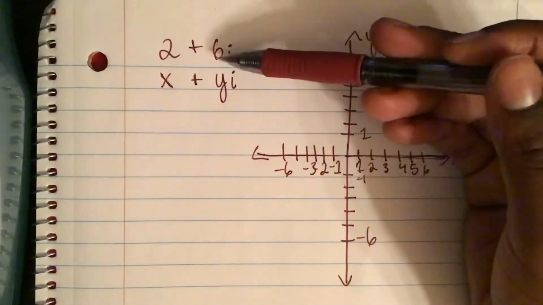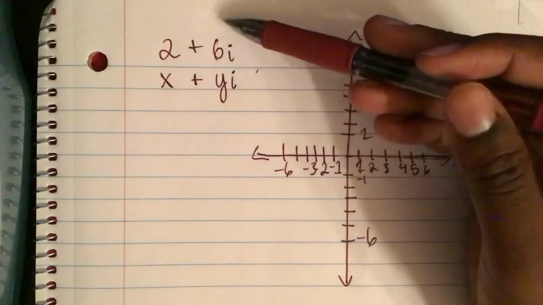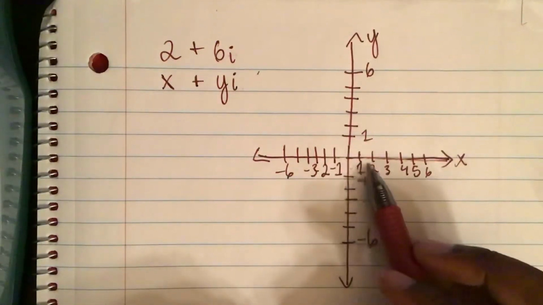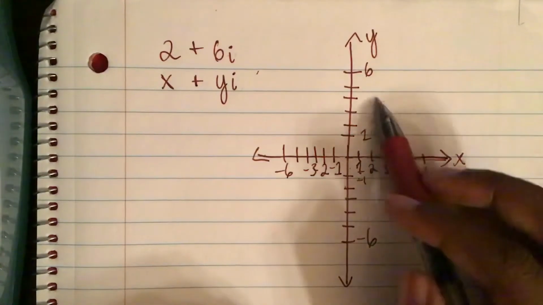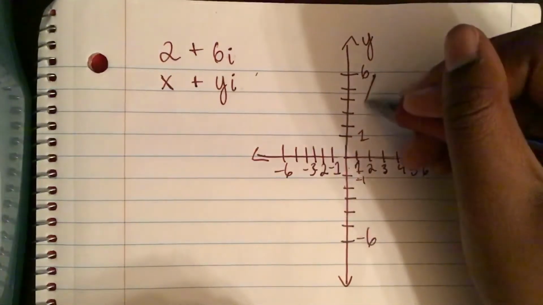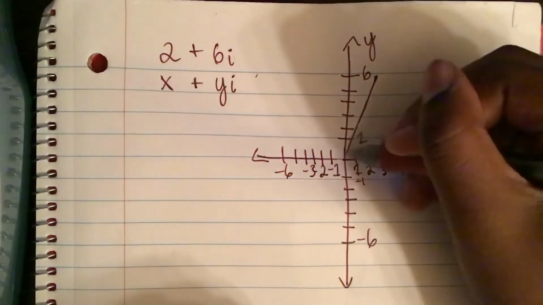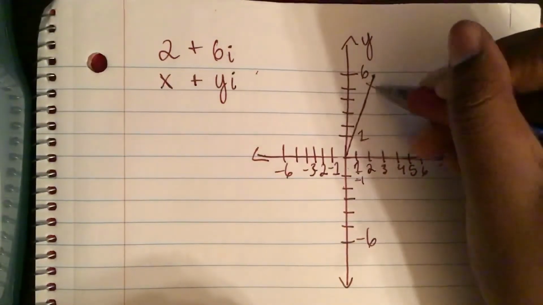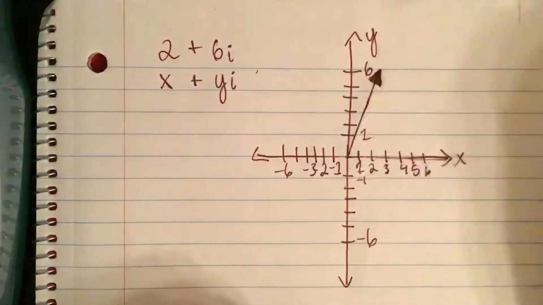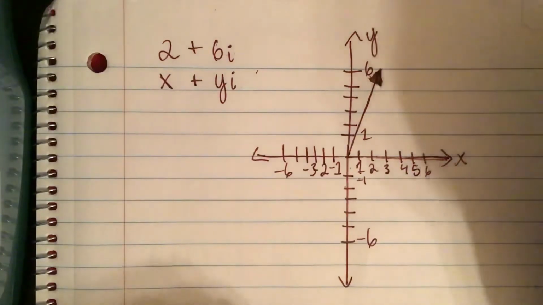In this case, 2 is the x unit and 6 is the y unit. So if we go 2 on x and 6 on y, then our vector will be here. And that is the final answer.